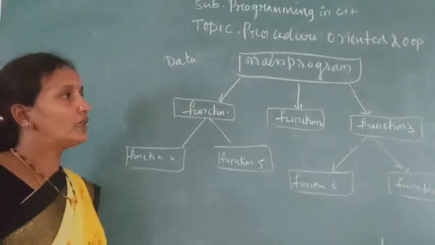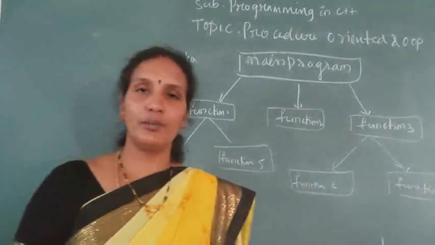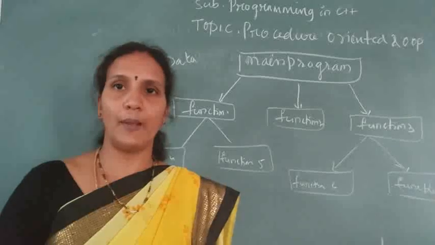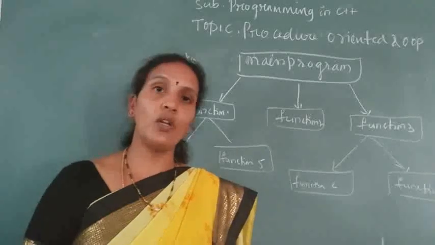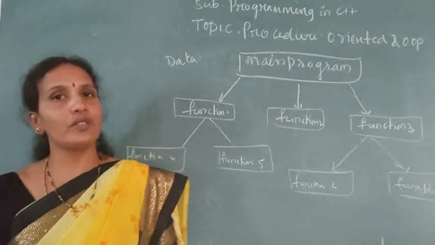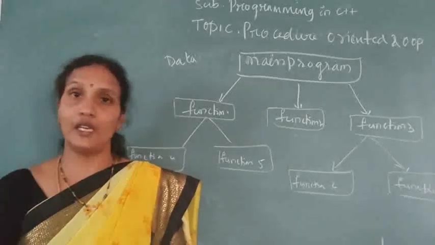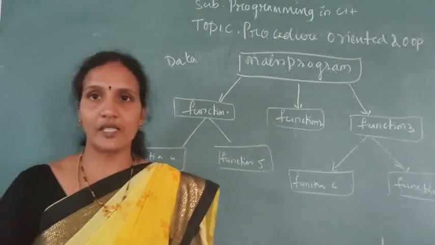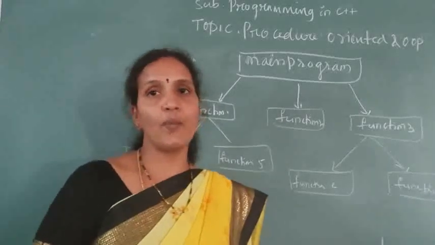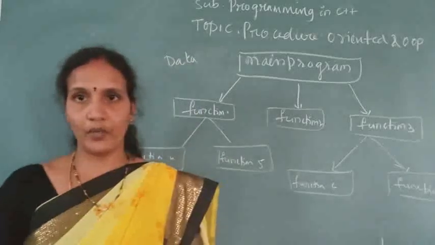Next, as it is a traditional programming, it will accept only predefined data types. If you want to create your own new data type, it won't accept. So it is also one of the drawbacks of procedure-oriented programming.